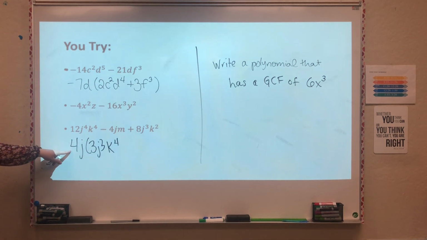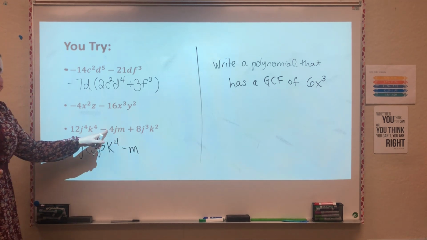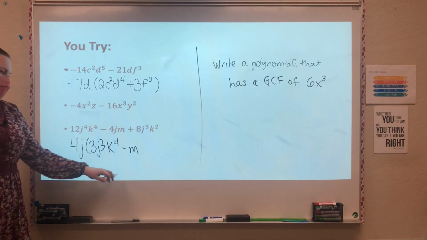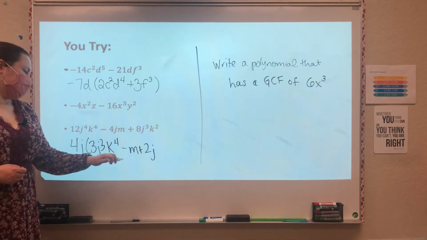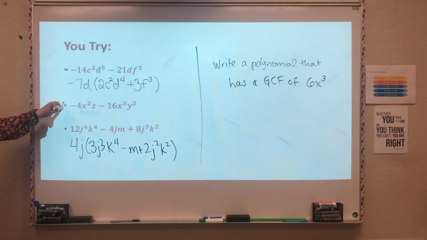Minus M. Nice. We've already got the 4J out here, so we just need the M. And then plus 2J squared K squared. Nice. Right, and I checked yours there.